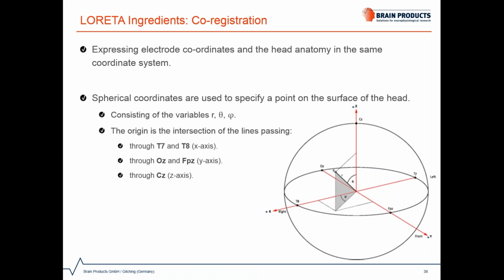And the positive z-axis points towards the top of the head, and the intersection of these lines is our origin. Considering the standard 10-20 electrode configuration, the x-axis passes exactly through T7 and T8 electrodes. The y-axis passes through Oz and Fpz electrodes, and the z-axis runs towards the Cz electrode. Since we have a spherical head model, the radius r will always be 1 for all scalp electrodes and 0 for those non-scalp electrodes. An example would be the ECG electrode.